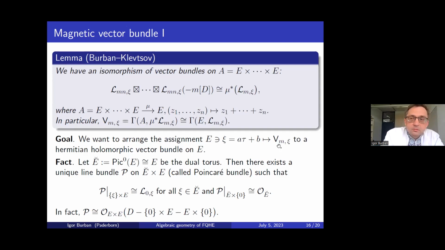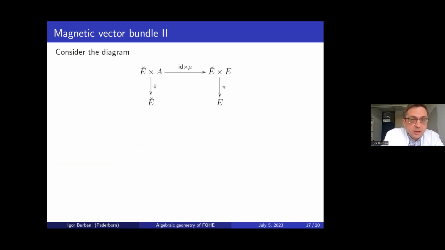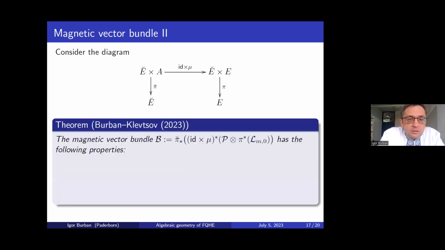In a way, it becomes a holomorphic Hermitian vector bundle on my torus, or on the dual torus, if we are more precise. And it is done via the following construction. So we have such a diagram of abelian varieties: a projection, a map involving the sum of points, and a projection on another factor. And now we introduce the vector bundle B obtained by the following procedure.